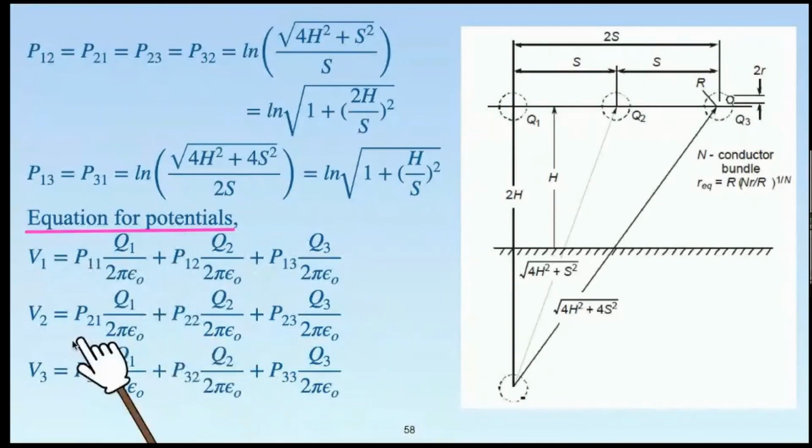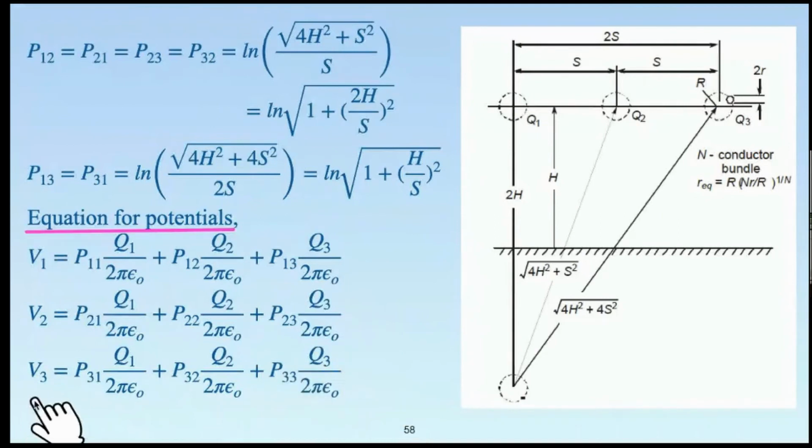Similarly, potential on the second conductor will be V2, and this V2 will be P21, P22, P23. The voltage on conductor 2 is due to the charge on 1, then due to the charge on itself, and then due to the charge on the third conductor.